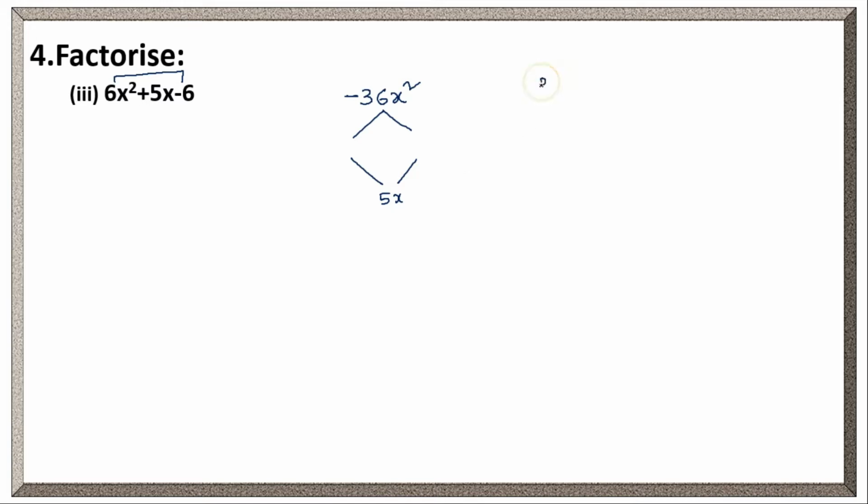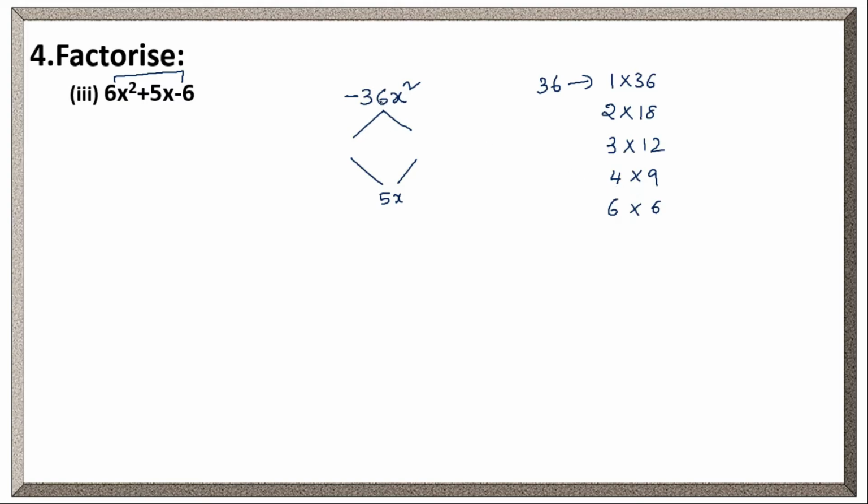Clear? So, what are the factors of 36? 1 into 36, yes, and 2 into 18, 3 into 12, 4 into 9, 6 into 6, right? In this way we can write the factors.